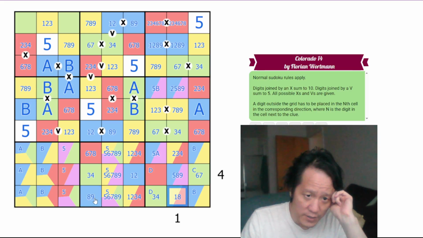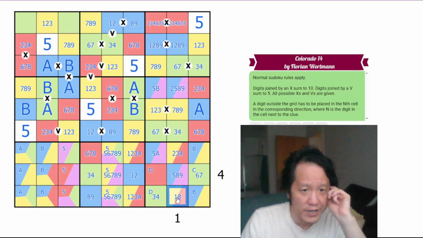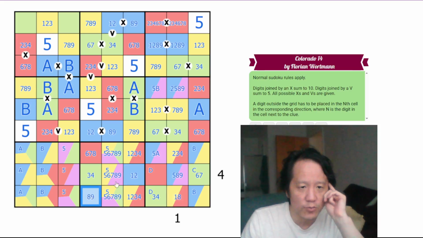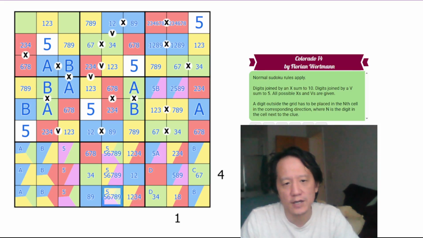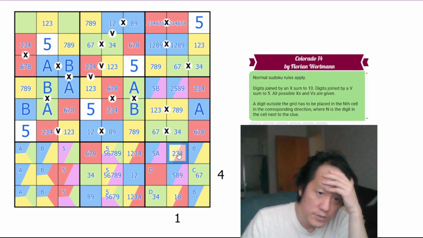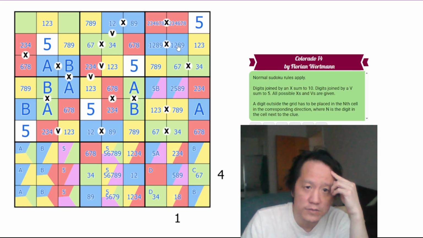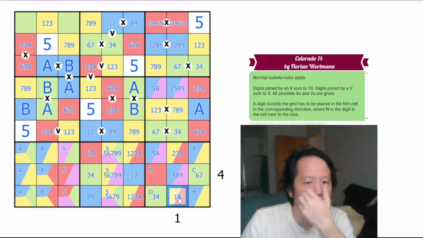If this is 8, obviously this can't be 8. If this is 1, then this can't be 1, 9. This has to be 2, 8. So either way, this cannot be 8 here. This is 2, 3, or 4. 1 is in 1 or 8. So if this were 8, that would force that to be 1.